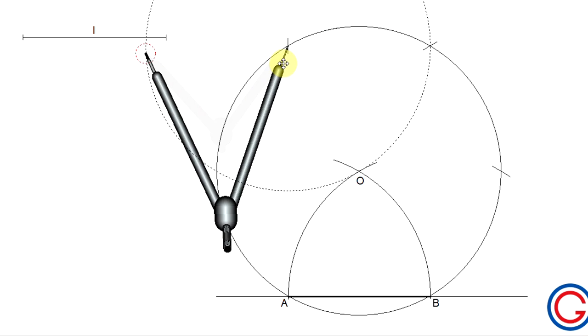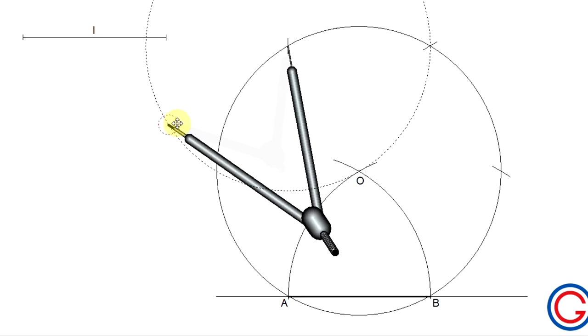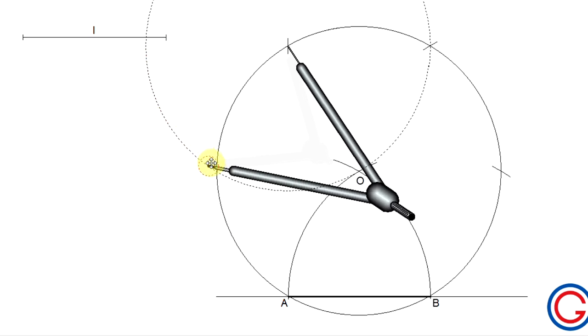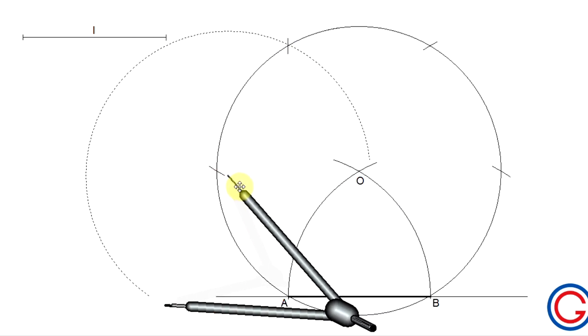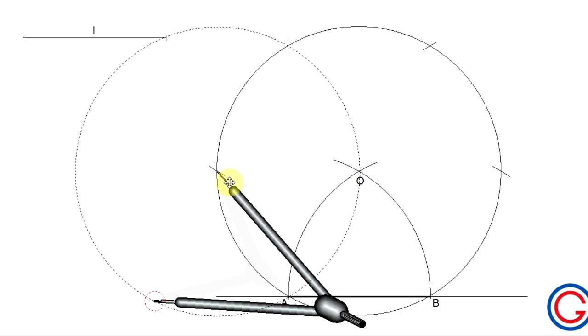We scribe our second last vertex. So if I'm working with accuracy, the final point should join exactly with the first point A, as shown here in the video.